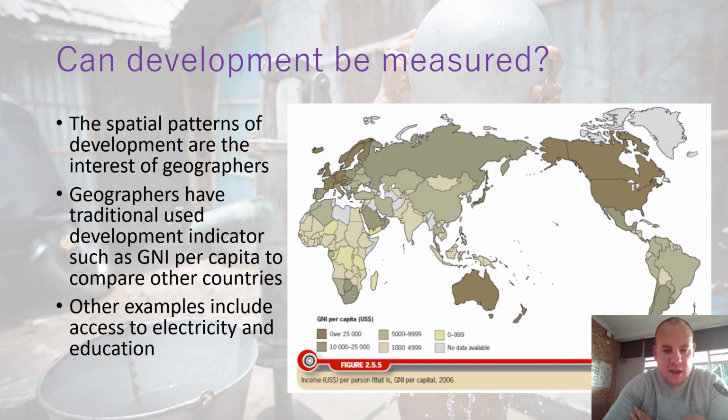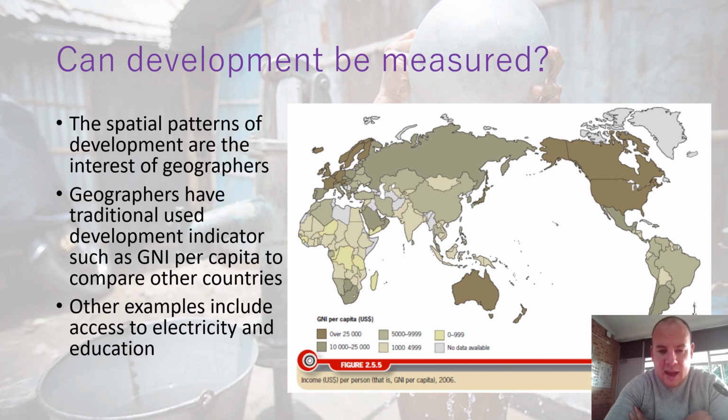In this slide we've got a map showing GNI. This is a choropleth map, a shading of colours, so that's one way of looking at development. And you're going to look at some cartograms in the lesson where the shape of the countries is distorted by data, and that really helps us identify those spatial patterns.